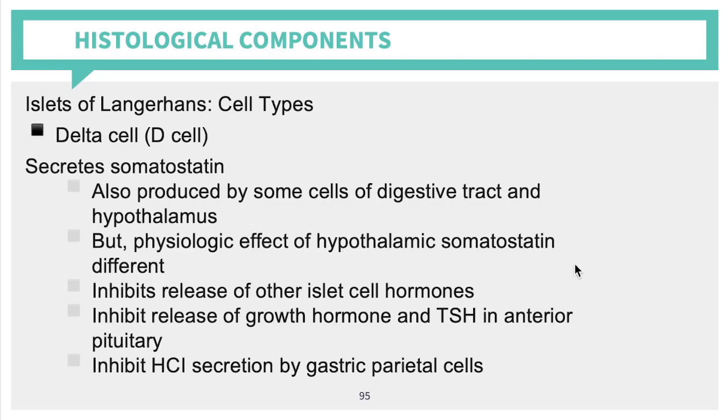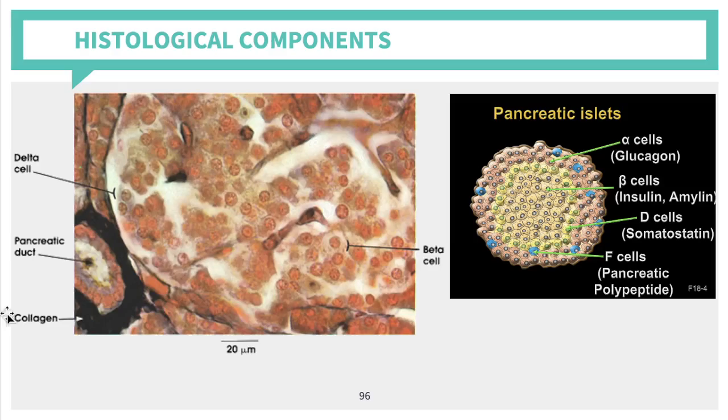Physiologic effect, hypothalamic somatostatin is different. Inhibits, so take note, inhibits other islet hormones, inhibits growth hormone and TSH, inhibits your HCl secretion by the gastric parietal cell. Again, your somatostatin is inhibitory in nature. So again, as I said, our delta cells are scattered. Again, this is now your delta cells.